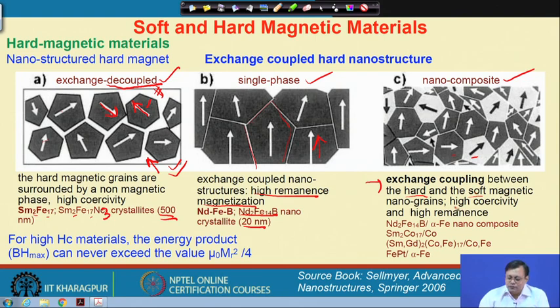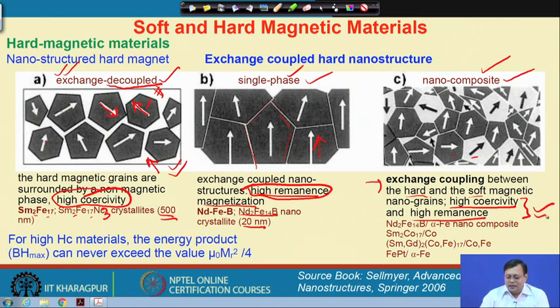In that case we can achieve both higher coercivity as well as high remanence. So, in an exchange decoupled magnet we basically achieve high coercivity, whereas high remanence is a feature of a single phase material. In case of nanocomposite we can achieve basically both the properties.